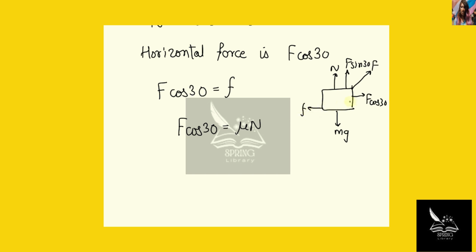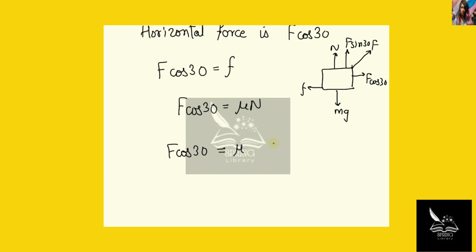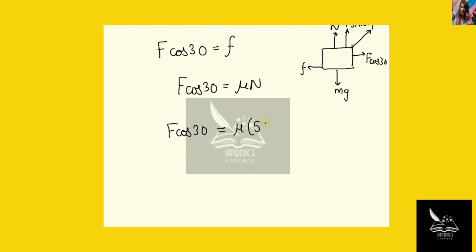So in the horizontal we have F cos 30 minus friction is equal to 0. So we are equating this. So F cos 30 is equal to mu times N. N we just calculated, it is mg, that is 58.86 minus F sin 30.